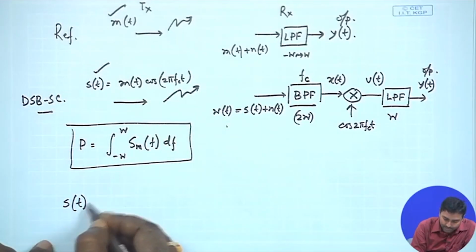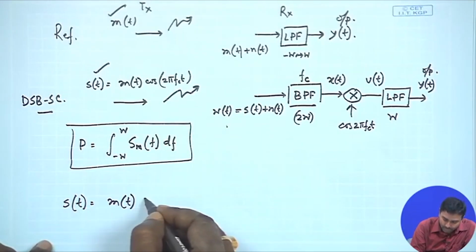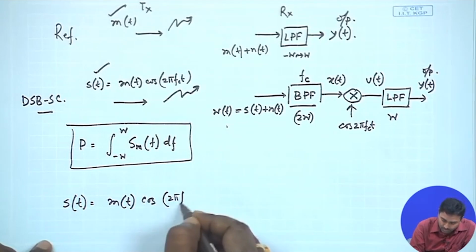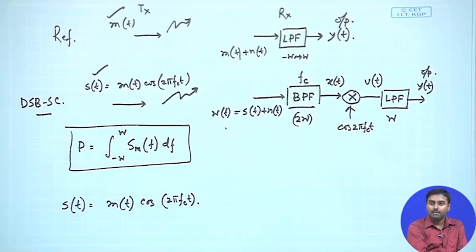So, that is the St which is Mt cos 2 pi fct. What will be the corresponding power spectral density?